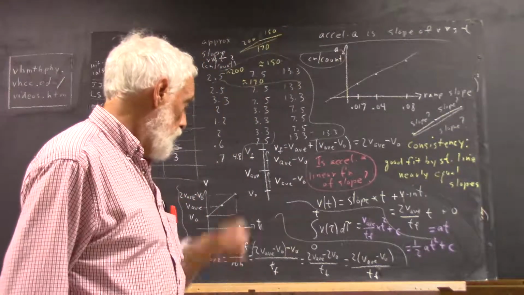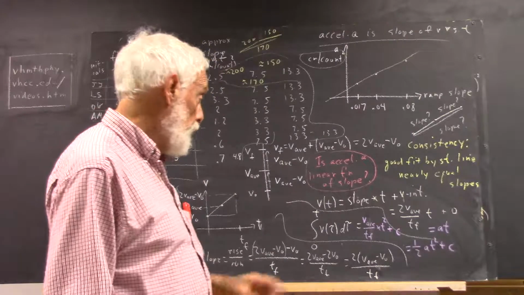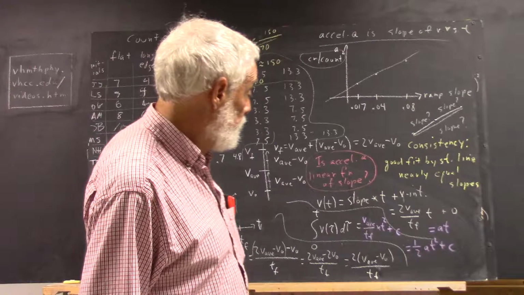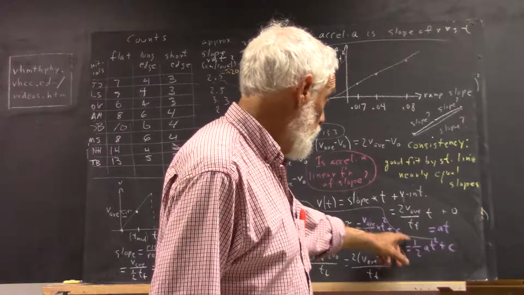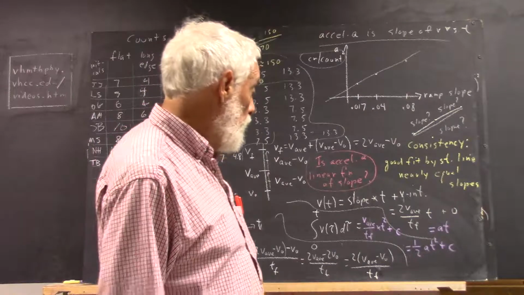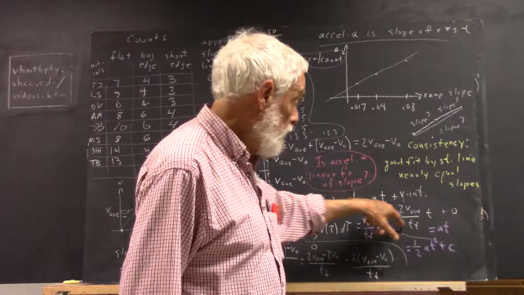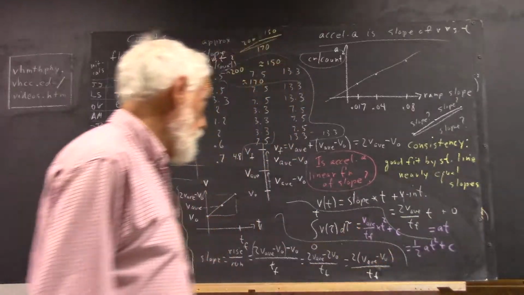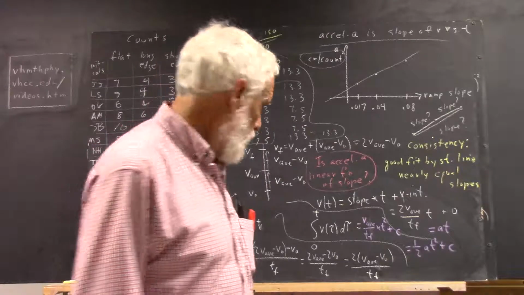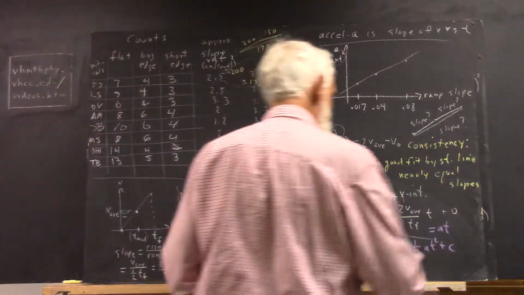And then, especially for university physics students and anybody else that knows calculus, if we integrate v of tau d tau from 0 to t, it's very straightforward. We get 1/2 at squared plus c, because we're integrating at. Actually, I didn't complete the integral.